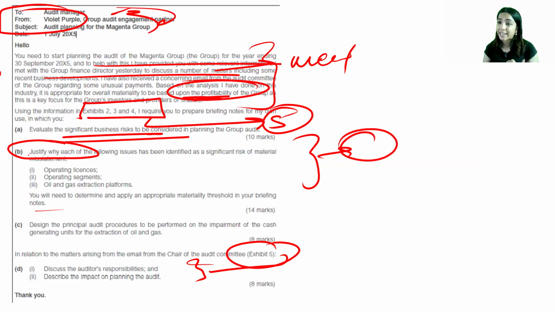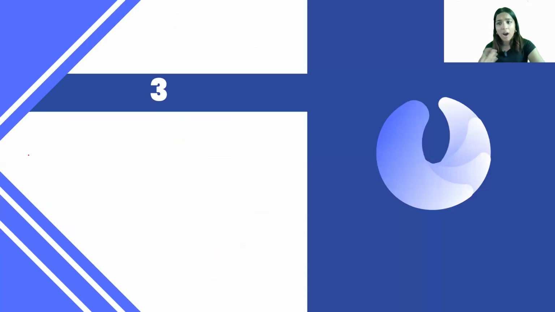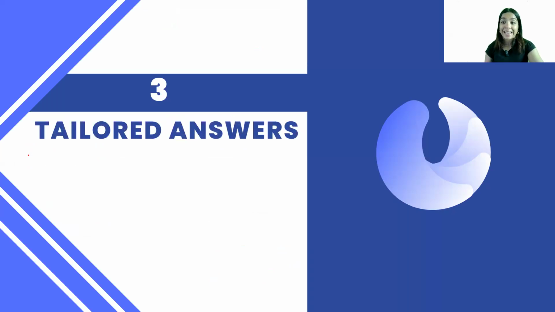So of course materiality will become important, but here the student's perspective of why is very, very important. Okay, so this is the new kind of question you can actually expect when it comes to September papers or afterward. Now, the third is tailored answer.